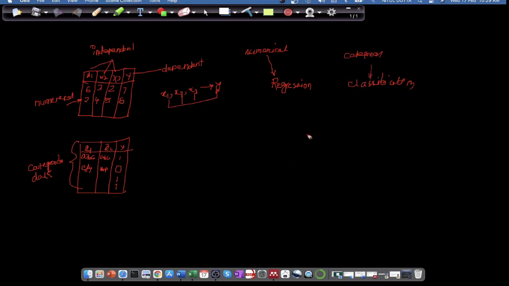But more precisely, the question of what type of model is used for a given data set depends primarily on one factor, that is the type of target variable.